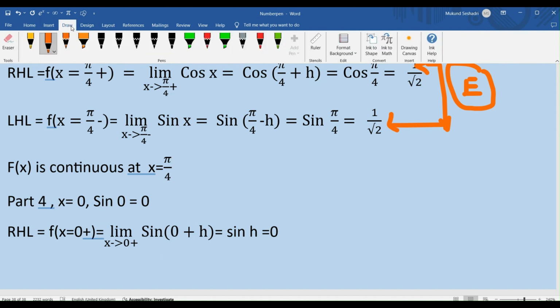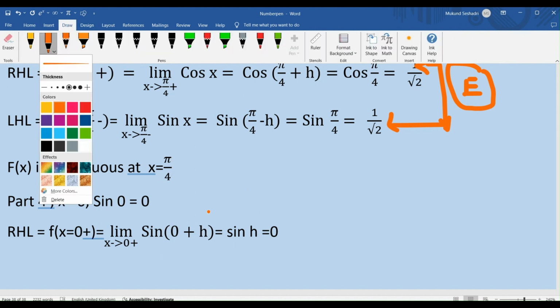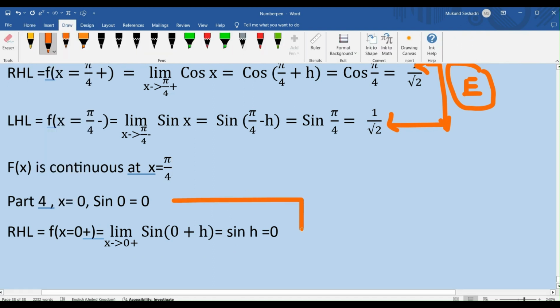So we will again pull out our pen now. Like I established earlier, why we don't have to worry about LHL in this case, because the function is defined in the closed interval 0, open interval pi by 2, right? I mean, it is defined in the interval 0 to pi by 2.